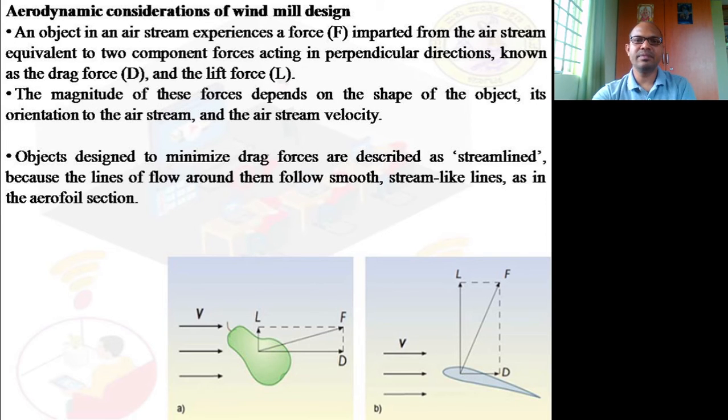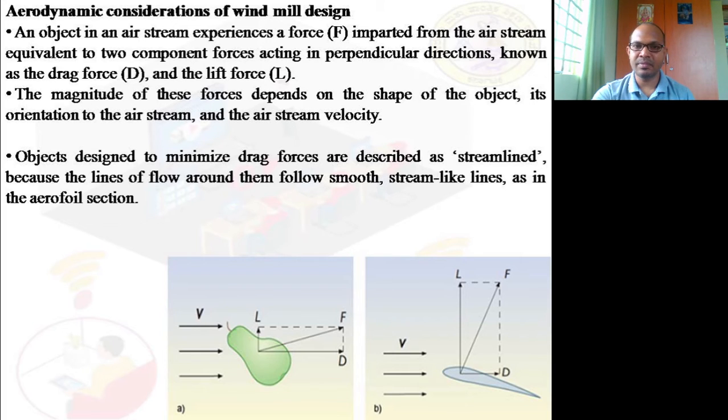The magnitude of these forces depends upon the shape of the object, its orientation to the airstream, and the airstream velocity. Lift is denoted by L and drag is denoted by D, and the resultant force acts in the direction of F. V is the velocity, and this orange one is an irregular shape.